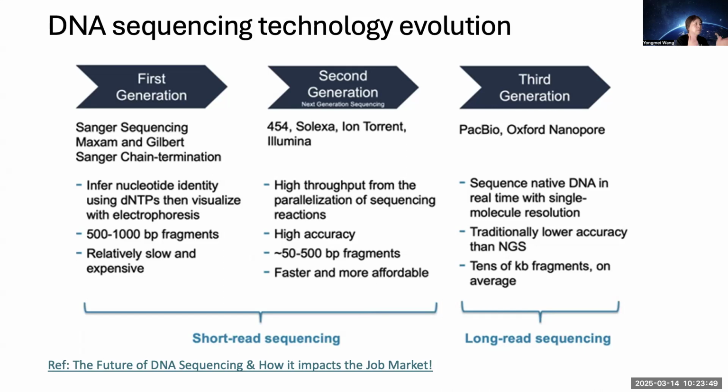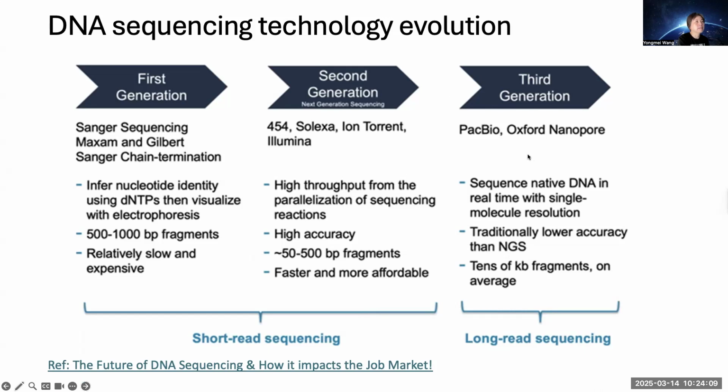They still have to break it. They still can only sequence pieces, like only 50 to 500 base pair fragments, but they parallelize. One sequencing run can handle many fragments together, so it makes it much faster.